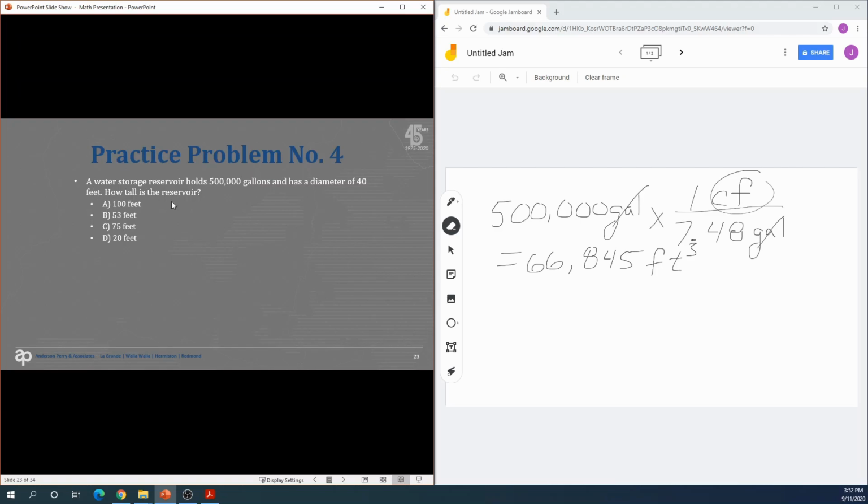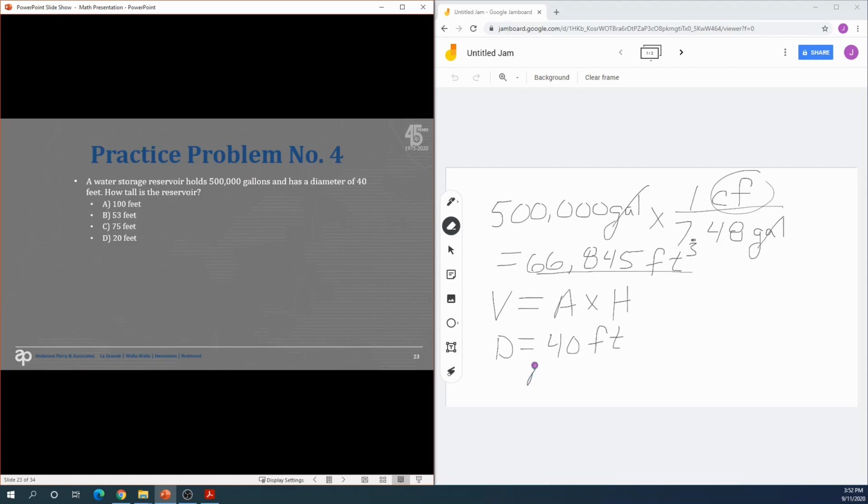Now I want to know how tall is the reservoir. So again, the volume of the reservoir is going to be equal to the area times the height. So we know the volume. We know the diameter is equal to 40 feet. So we can calculate the area based on the diameter.